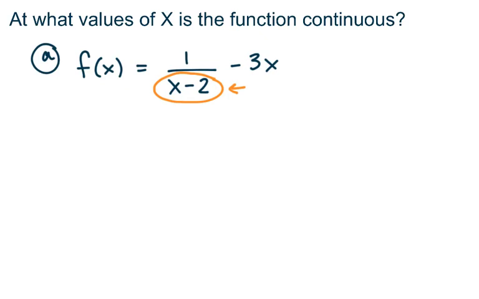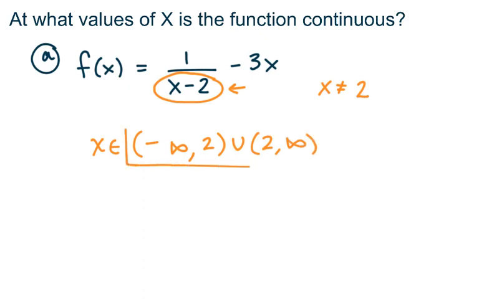And we can easily see that x is not allowed to equal positive 2. So the function is continuous as long as x is any number except positive 2, because positive 2 would create a 0 in the denominator. So we would say on the interval from negative infinity to 2, union 2 to positive infinity.